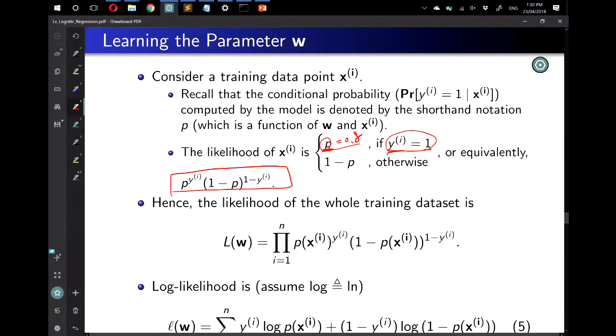Then I toss it and I observe a head. What's the probability for this to occur? It occurs with probability 0.8, so this is exactly p. And hence, the probability of seeing 0, the other side, since the only two outcomes are either head or tail, or y equal to 1 or 0, is 1 minus p.